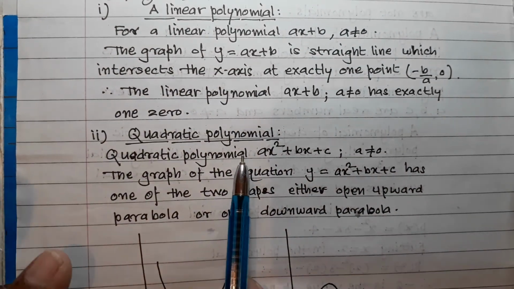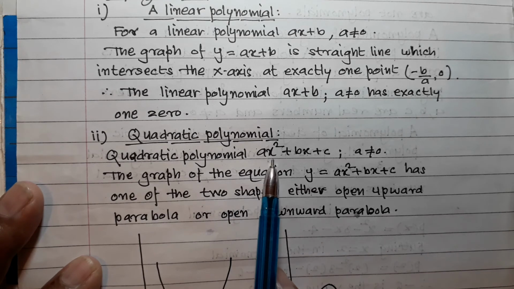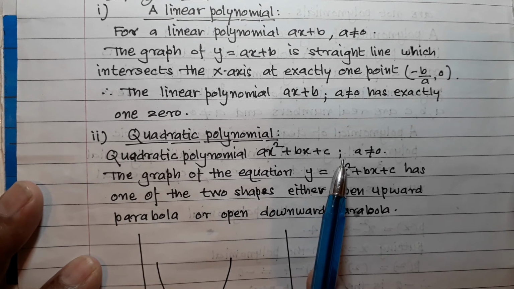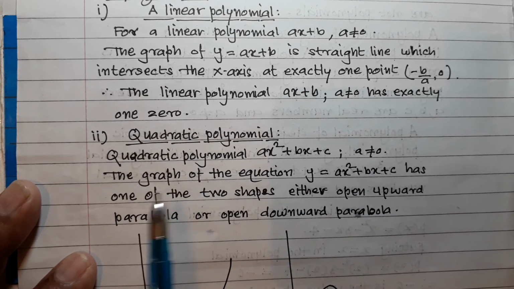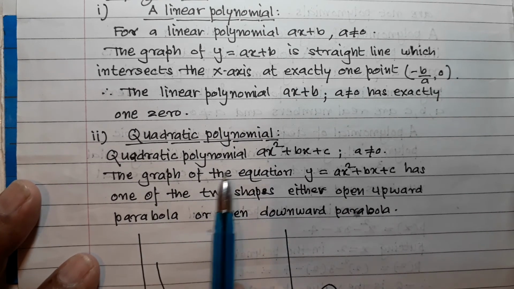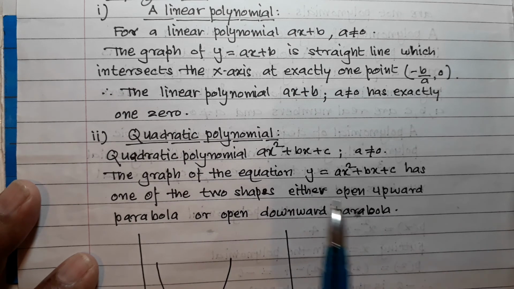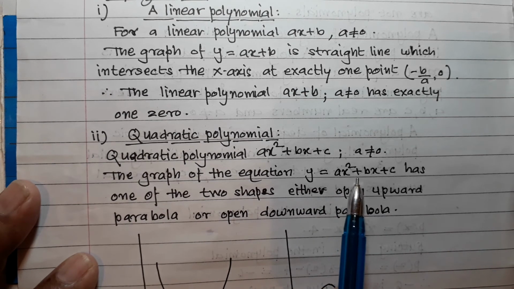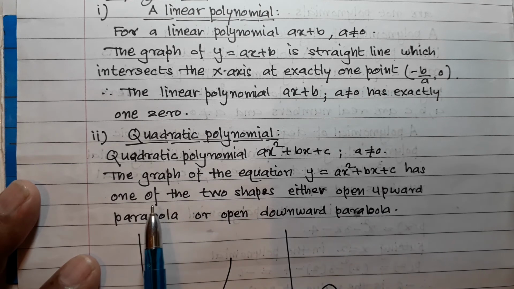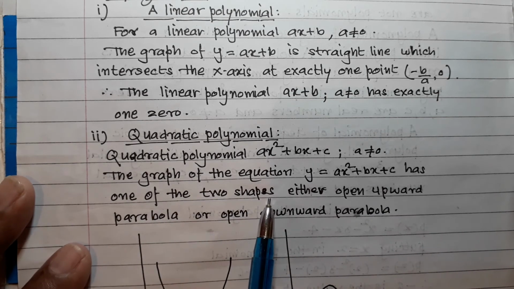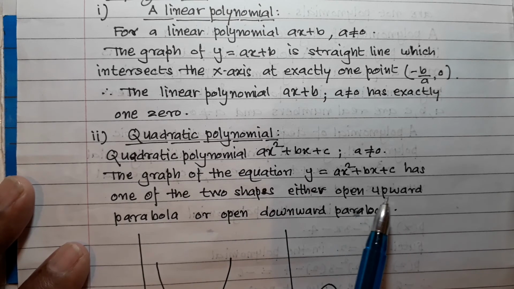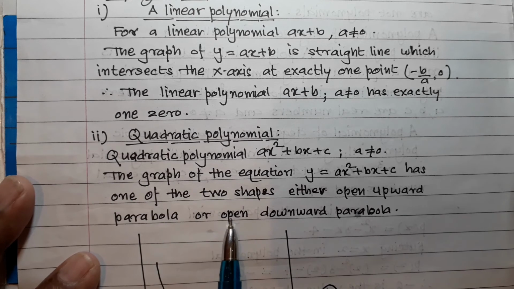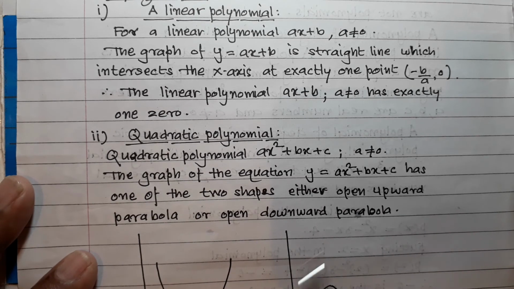Then quadratic polynomial. For a quadratic polynomial ax square plus bx plus c, where a is not equal to 0, if you draw the graph of y equals ax square plus bx plus c, it has one of two shapes: either an upward-opening parabola or a downward-opening parabola.